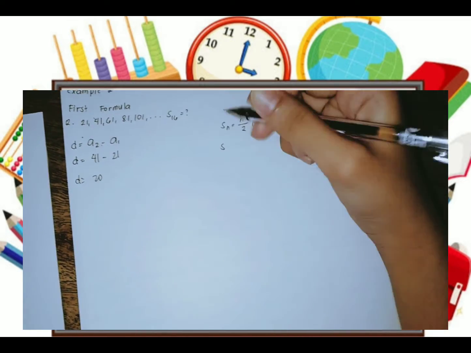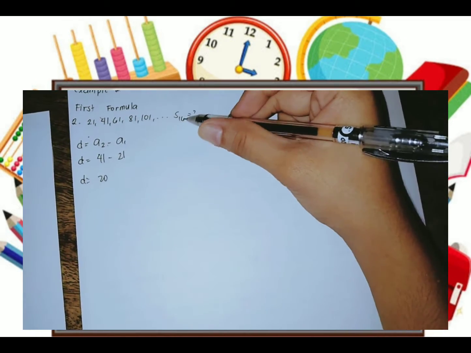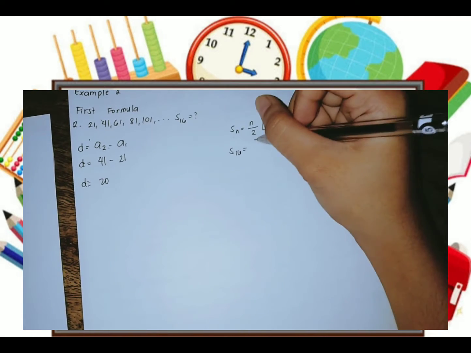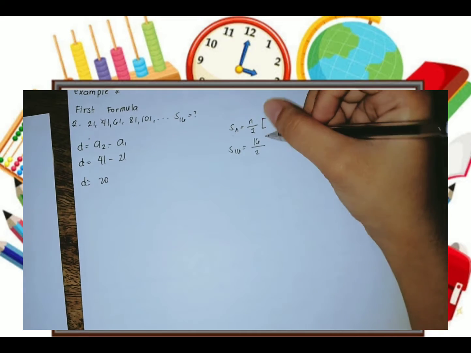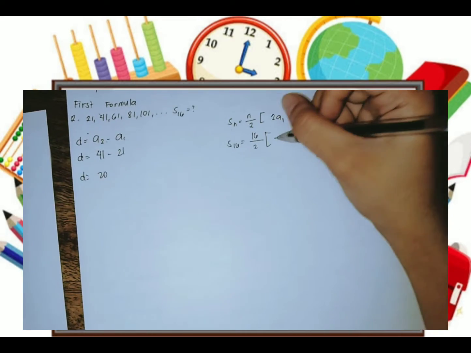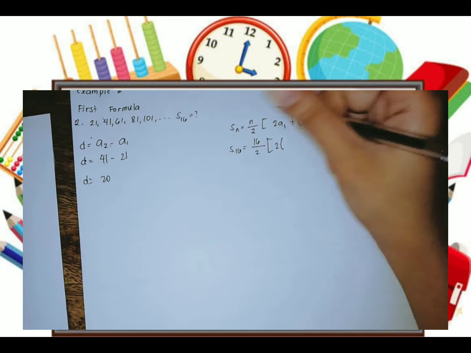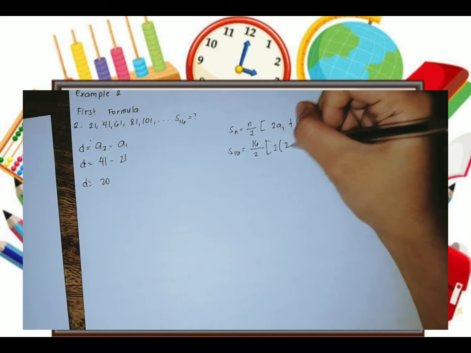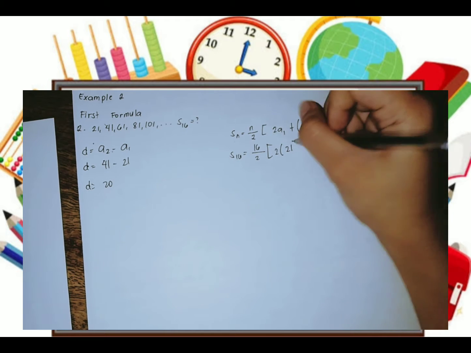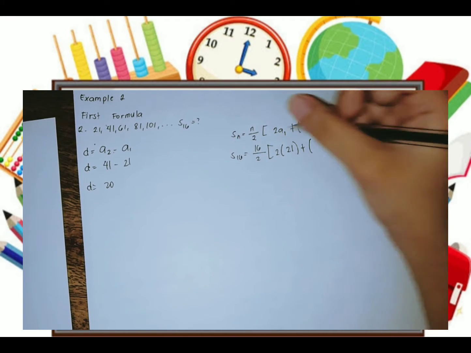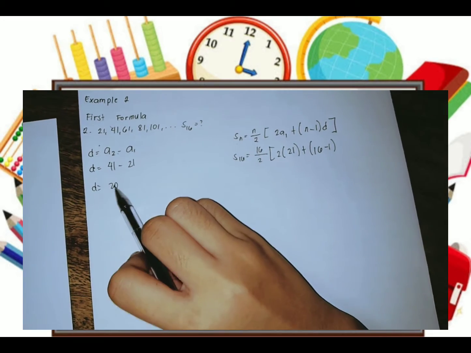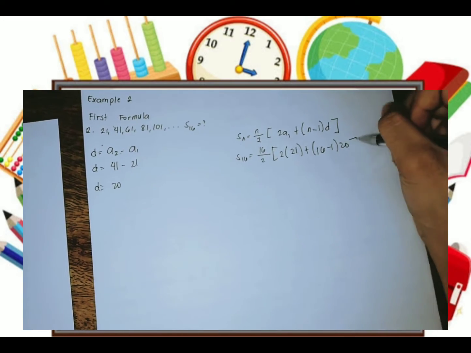Now we are going to move on to finding our 16th term. For S sub n, we are going to change n into 16 because n is our last term. So 16 divided by 2, times 2 times our a sub 1, which is 21, plus our n, 16 minus 1, and our d is 20.